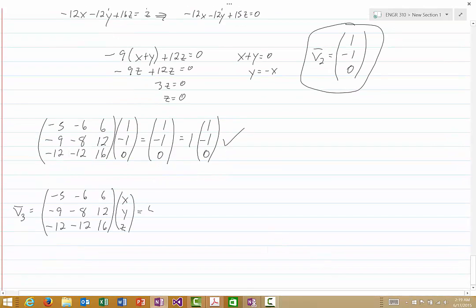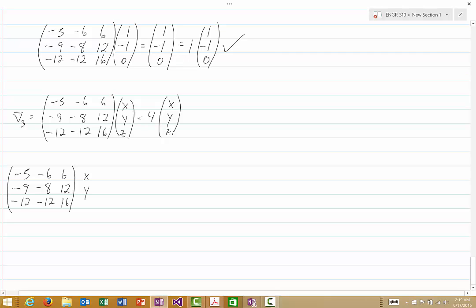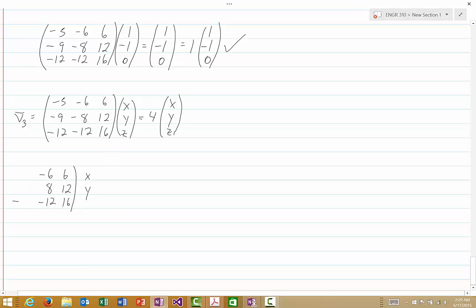So we have 4 times x, y, z. Oh, no point in repeating all that. Let me go ahead and just write out the equations.